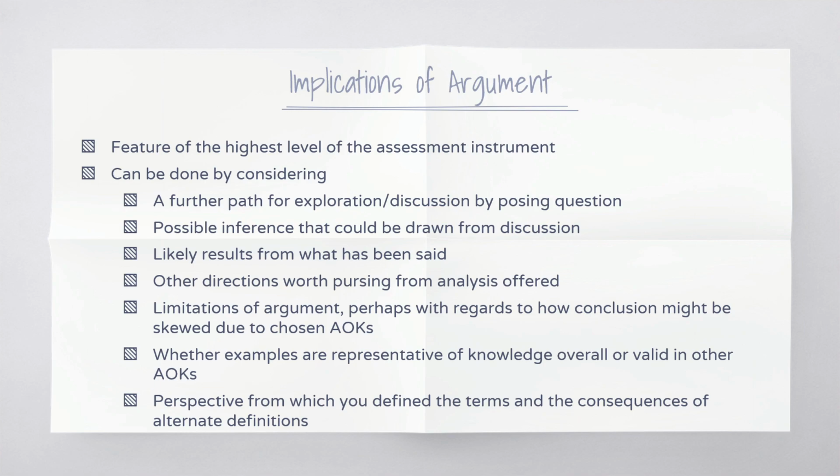You could identify that there are some further pathways for exploration or discussion, drawing some inferences from what you have discussed, maybe considering the likely results, other directions, your limitations, thinking about the validity and the representativeness of the examples, and maybe considering the perspective from which you define the terms and the consequence of alternate definitions.